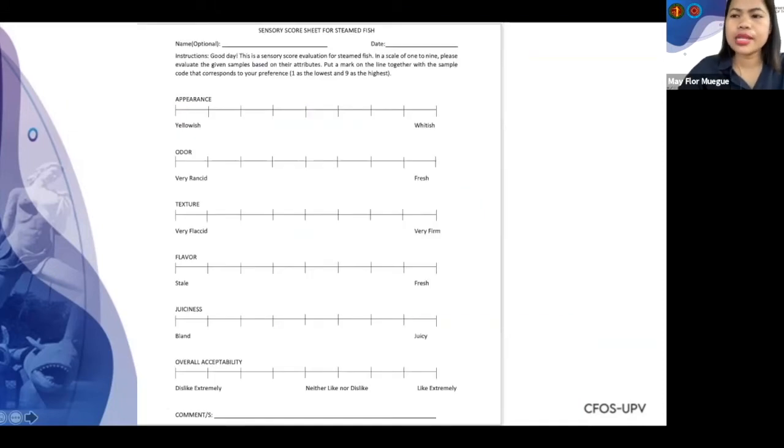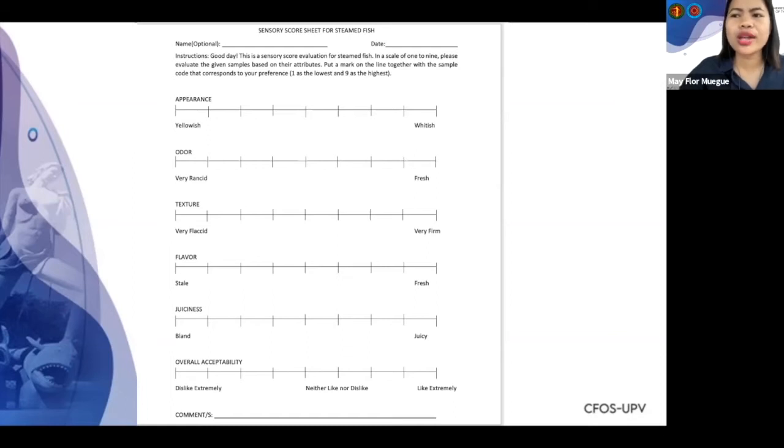Here is an example of a hedonic sensory score sheet. Okay? So, for example, how many points is this? 2, 4, 6, 8, 9. So you will be asked, can you read it? The instruction: this is a sensory evaluation score sheet for steamed fish.